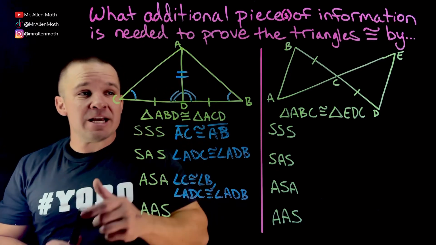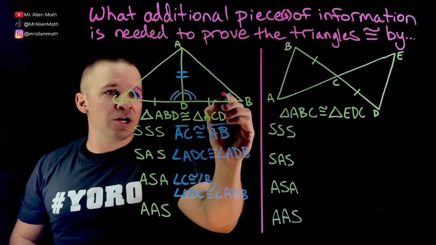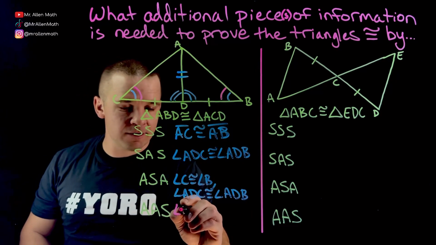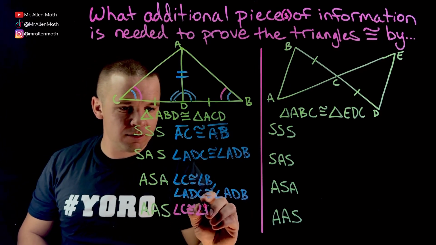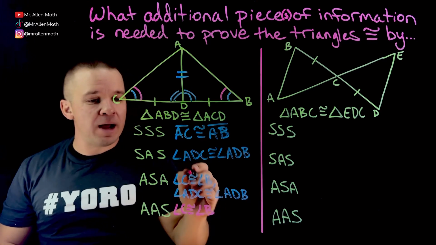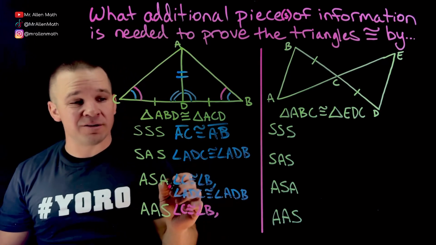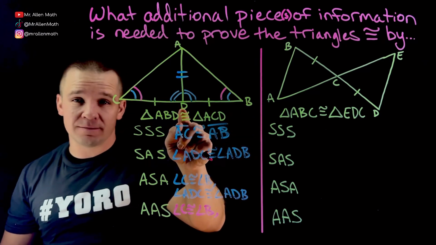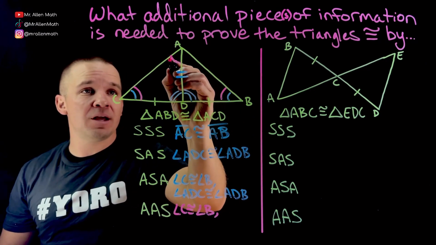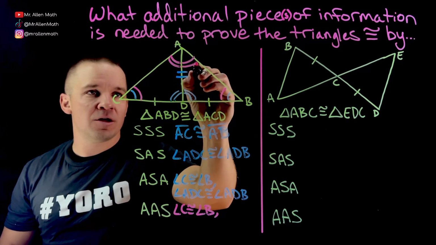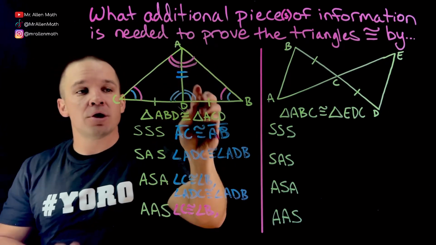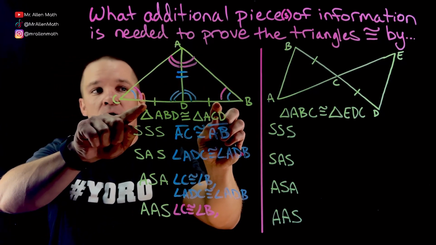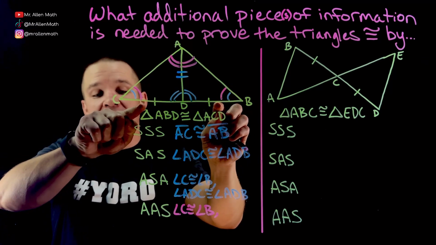I'm going to use C, and I'm going to use B. All right, so angle C is congruent to angle B. But my other angle, if we're going to do angle, angle, side, should not be touching the side that we're using. So I'm going to use this one up here instead. These two angles do not touch this side, whereas this angle here does touch the side.